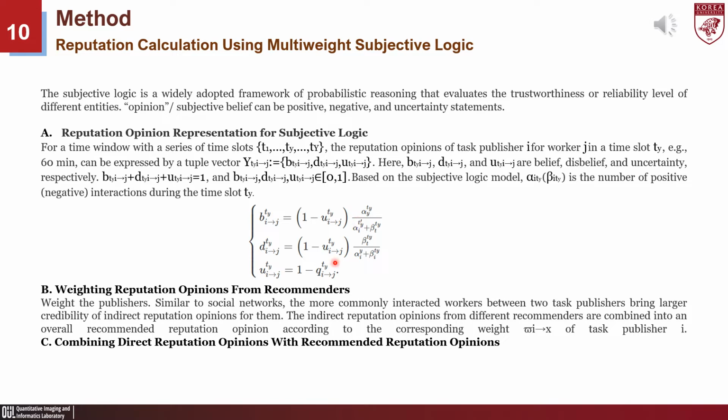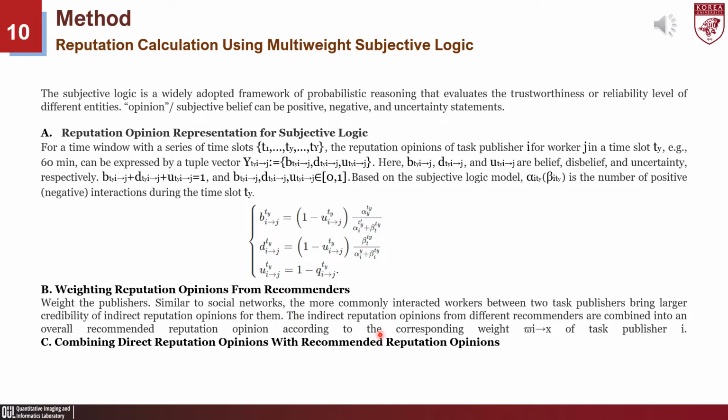And at step B, we weigh the reputation opinion from recommenders. That means we weigh the publisher. Similar to a social network, the more commonly interacted workers between two task publishers bring larger credibility of indirect reputation opinion for them.